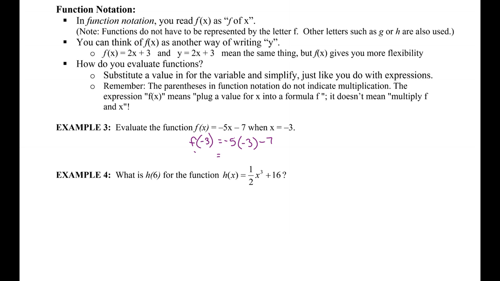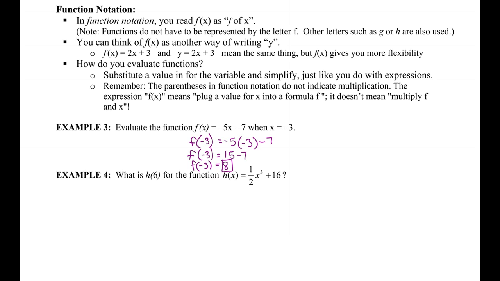So the f of -3 stays out front, nothing happens to it, you don't multiply it together. This gives me a positive 15 minus 7, which means my answer is going to be f of -3 is equal to 8. The -3 would indicate my input, the 8 would indicate my output.